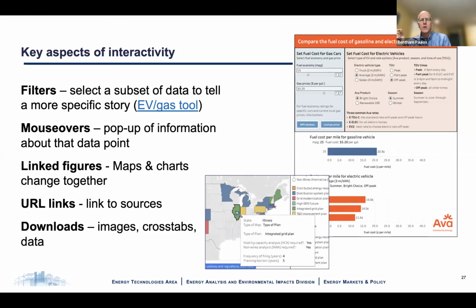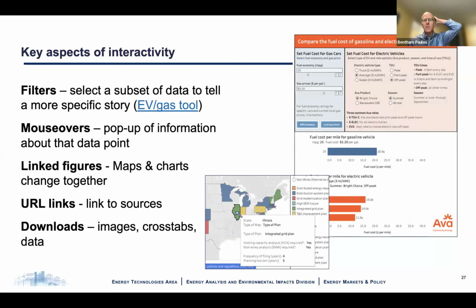So because you can charge your vehicle at different times and different seasons, it will show you different costs for charging. And the results, I've kind of hidden it at the bottom here, but it shows you the different costs per mile, the cents per mile for your electric vehicle compared to a gasoline vehicle that you've selected at the top. So this is, again, using Tableau, and by using filters, it presents different results. So I'm a big fan of filters.